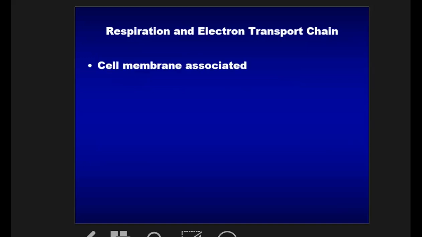Of course, microbes don't have mitochondria. Mitochondria are ancient microbes, remember? So they don't have internal mitochondria. They have to stick everything on the cell membrane. And so all the molecules involved in the electron transfer chain will be in the cell membrane. It's just this kind of hot potato game of electrons getting donated to an acceptor and on down the line, one after the other, passing those electrons until oxygen is reached.